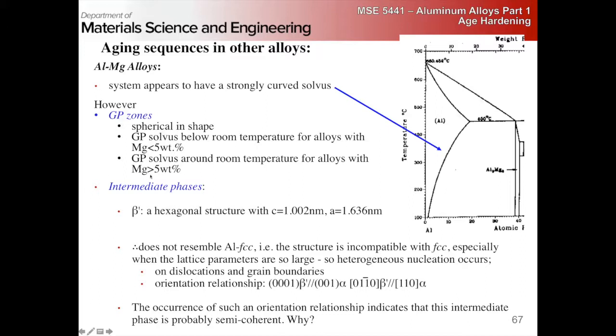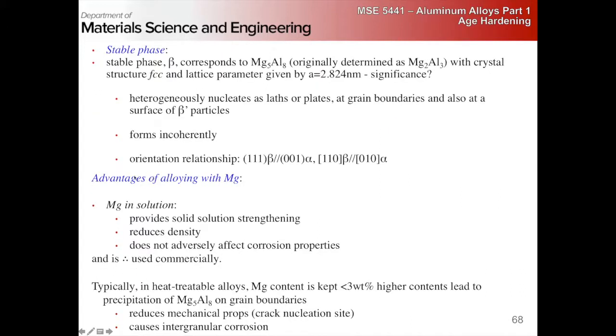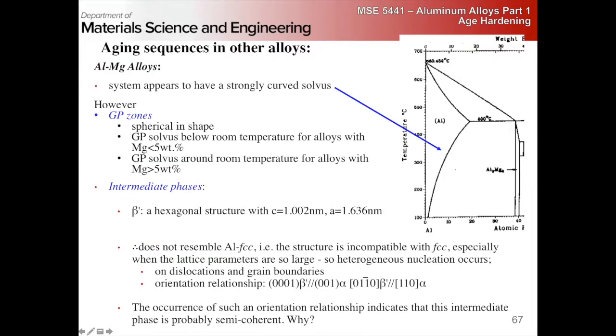Okay, and so if we have low magnesium weight percent, the solvus tends to be lower than room temperature. If we have a higher magnesium weight percent, the solvus is at or above room temperature. When we talk about the commercially relevant alloys, we'll see that high weight percent magnesium alloys tend to be cast alloys.